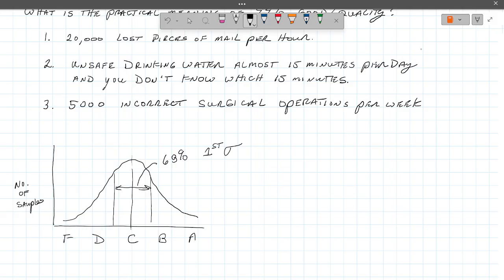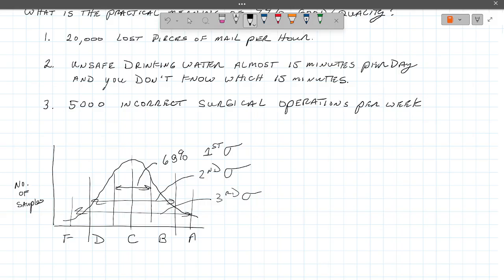All right. The next one we're going to do crossed here, and that becomes the second standard deviation, but that's only going to put us out to 90. Okay. By the time we get to the third, we're over here and that's our third standard deviation.